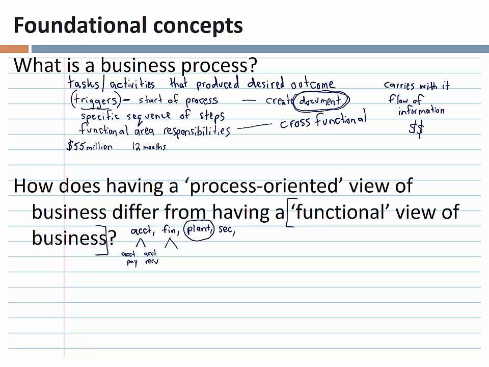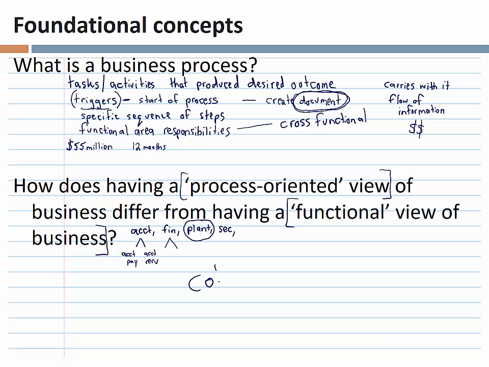A process-oriented view means that instead of thinking of our company as a collection of different functional areas, we think in terms of all of our business processes we have and how the different functional areas collaborate. So I'm going to kind of spot you the answer to this question.